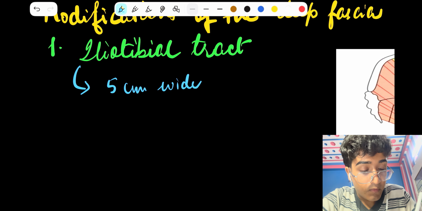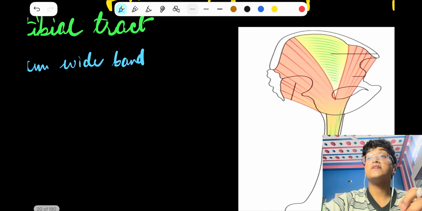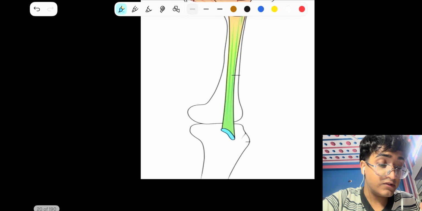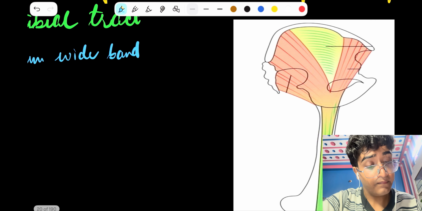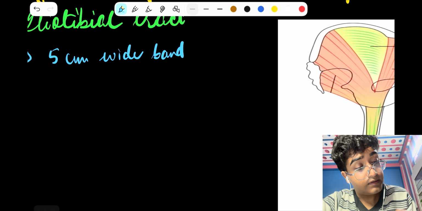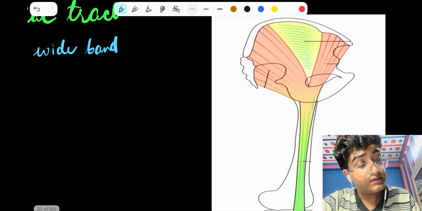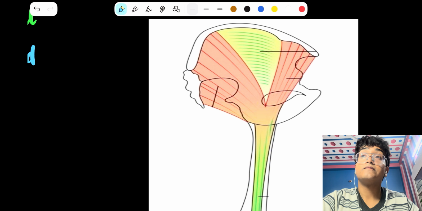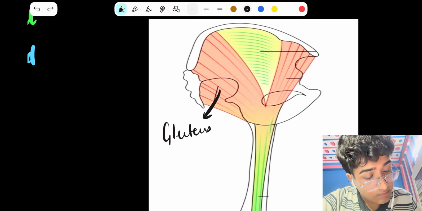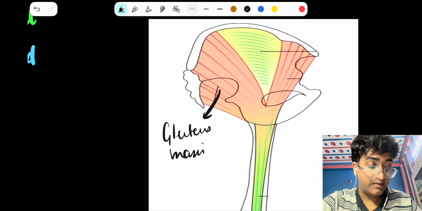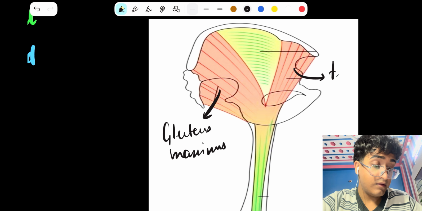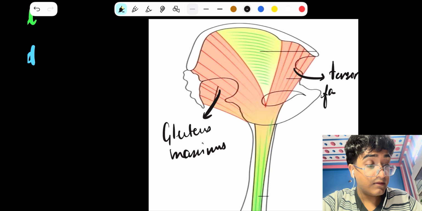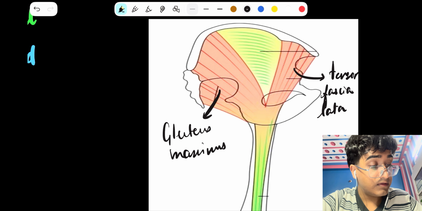See, this is a 5 centimeter wide band which extends from superior to inferior. Superiorly it arises from the gluteus. Wait, there are two muscles. Let me tell you. Gluteus maximus and tensor fascia lata.